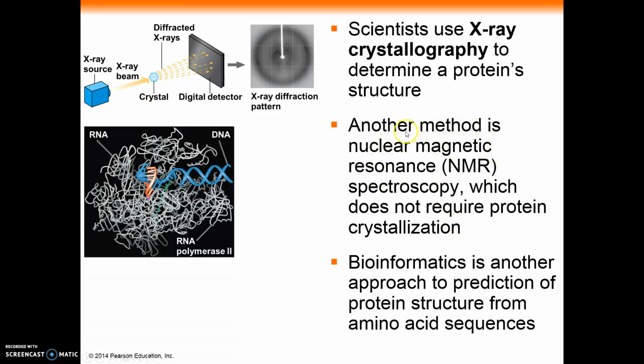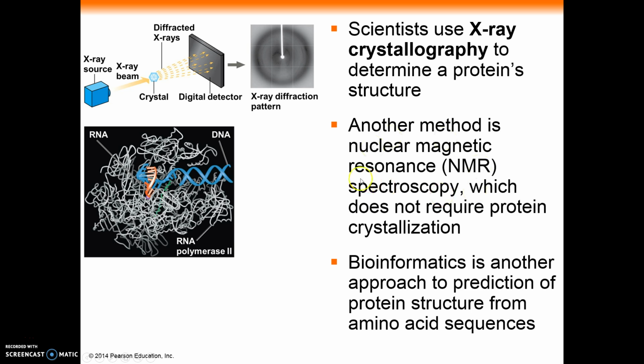There's another technique called nuclear magnetic resonance, or NMR. This is a much more complicated idea to discuss, but you can essentially find amino acids that are close to each other. And if you can find enough things that are close to each other, and I mean intimately close to each other, you can start restricting the shape and then reconstruct the overall shape.